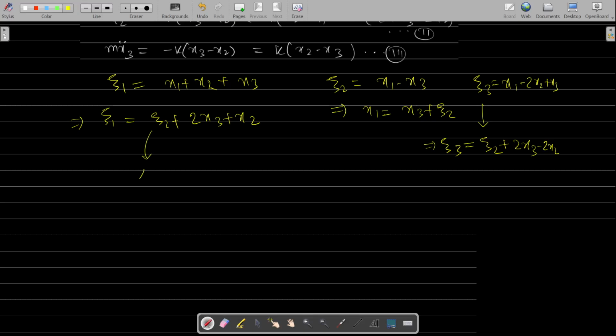So multiply this thing with 2 and add it with this equation.